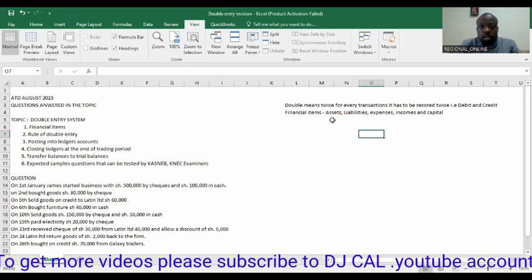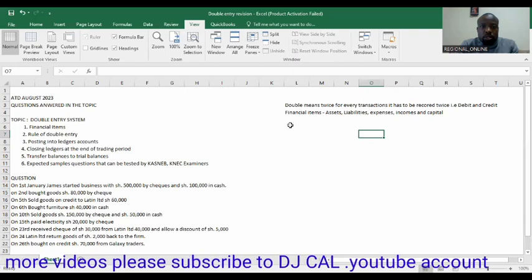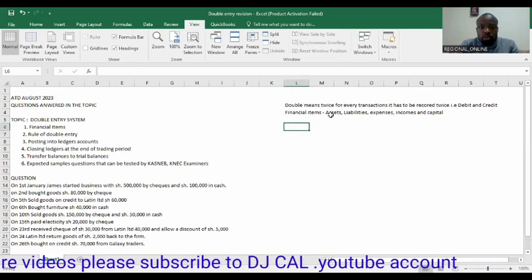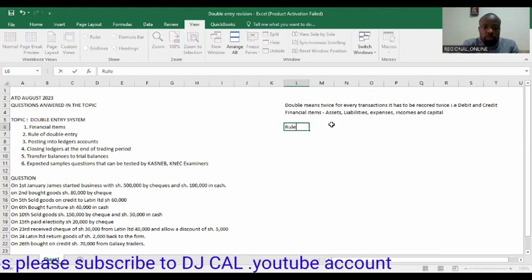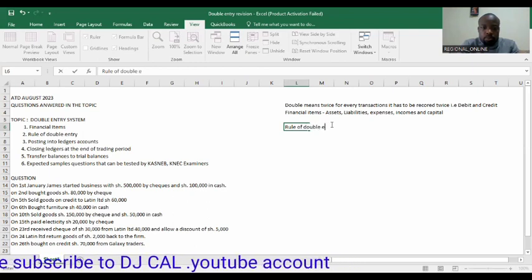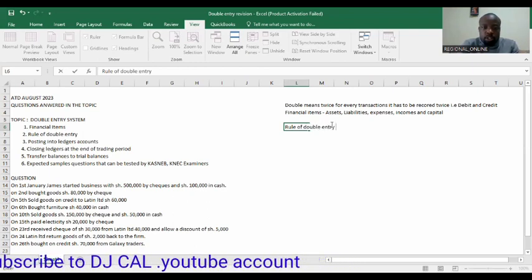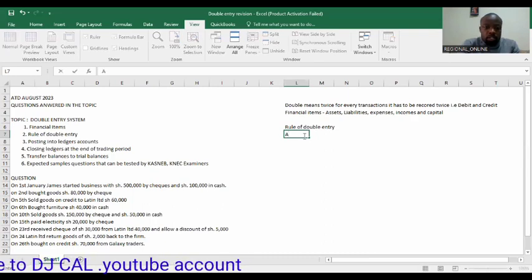Once you know these assets, liabilities, expenses, incomes, and capital, the next thing you're supposed to know is the rule of double entry, how to record them in the ledger accounts. In simple terms, because it's a revision: assets and expenses follow the same rule.